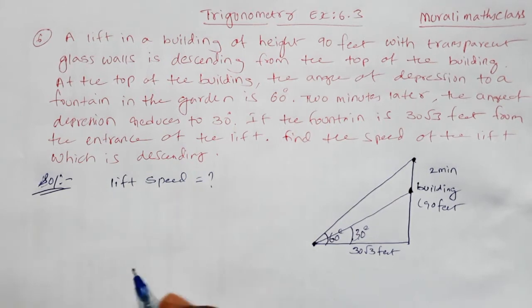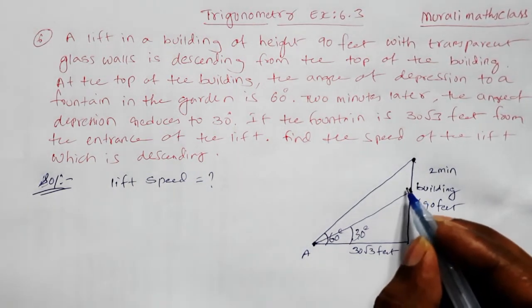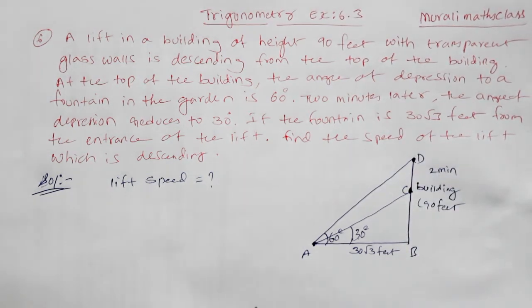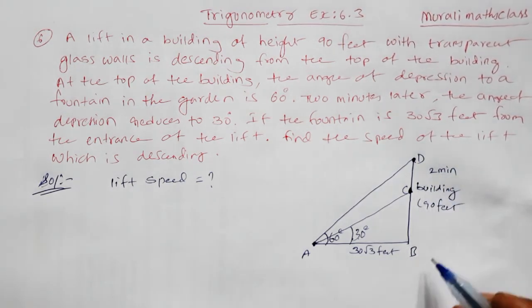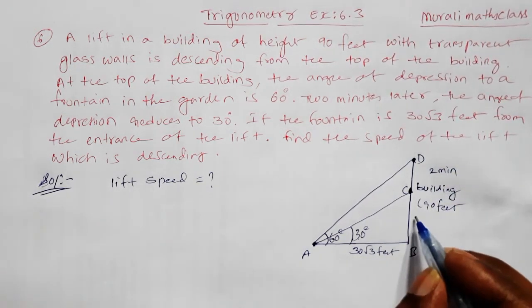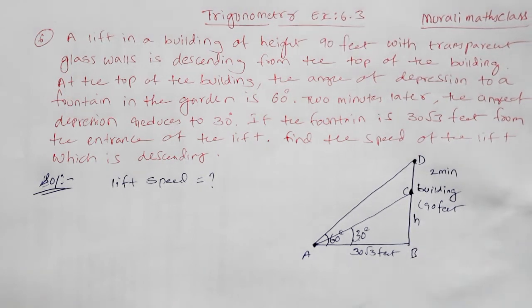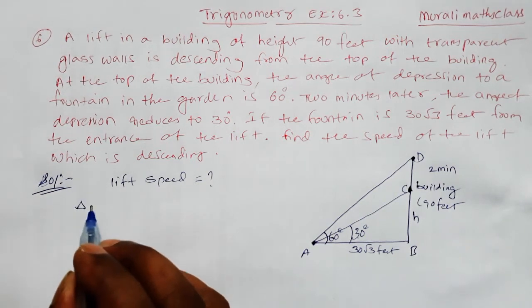Now we will give names for this: A, B, C, D. So let us take the total as 90 feet. Let us take this as H. Now you take triangle ABC.